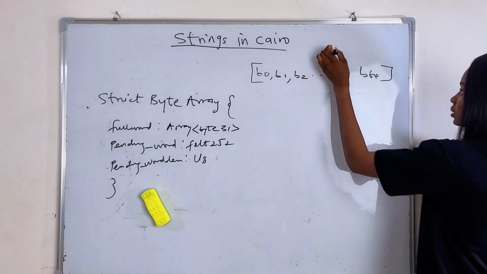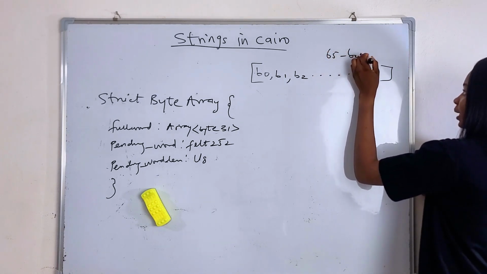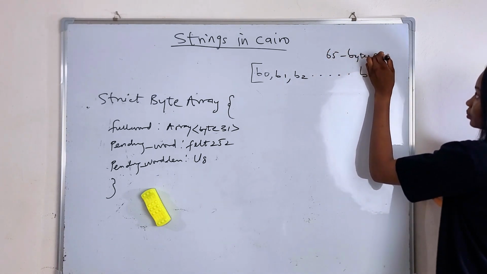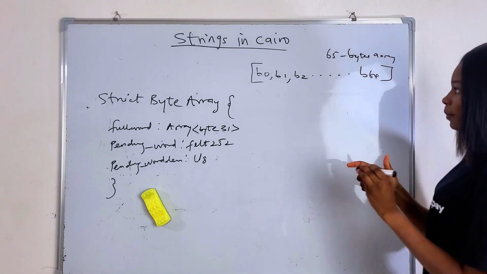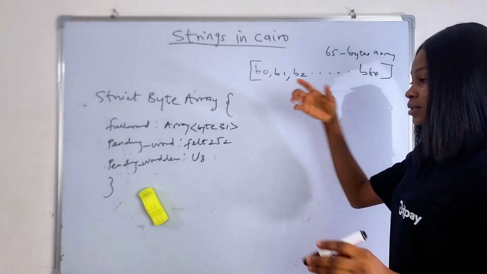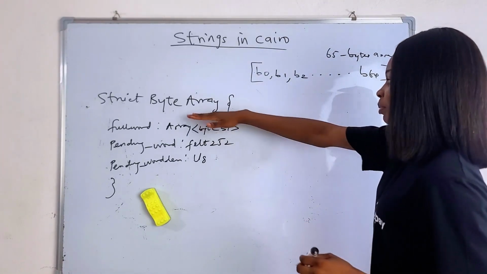So this is an array of 65 bytes. And remember that one character is 8 bits. So how does this get stored in a byte array?